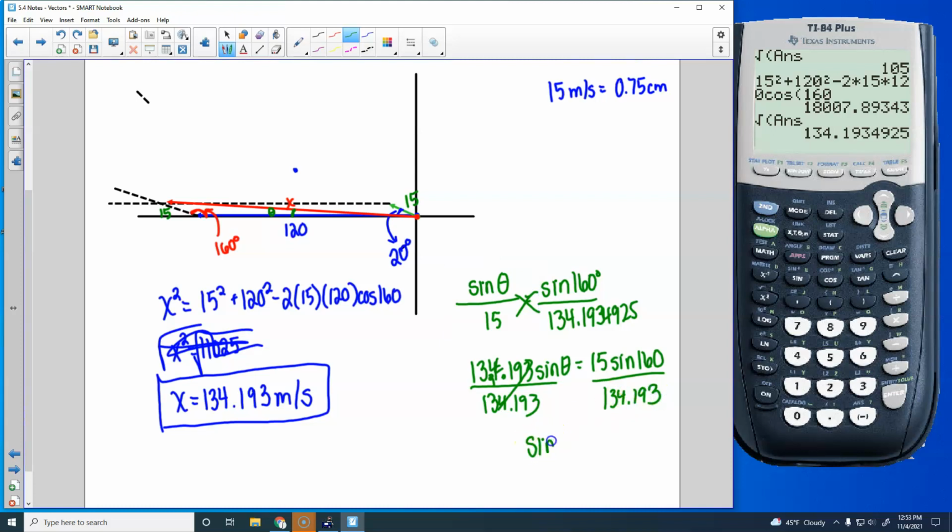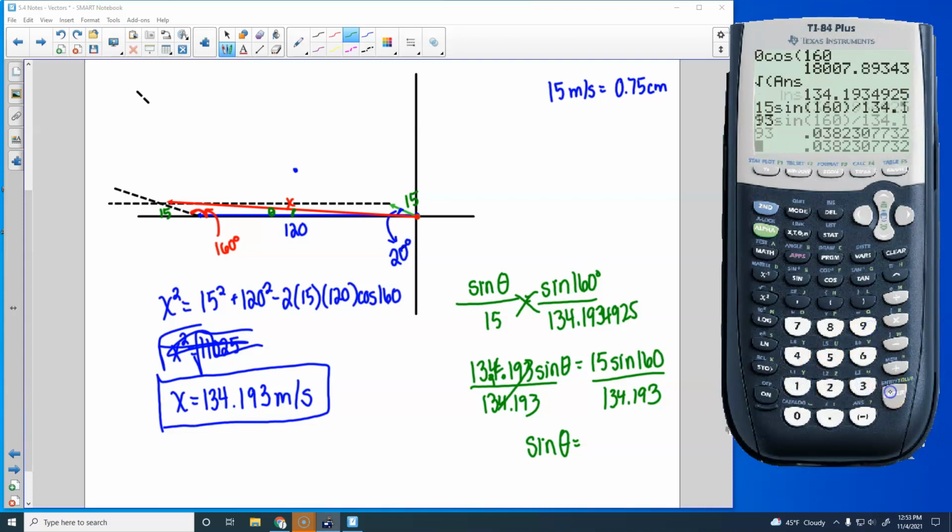So sine of theta equals 15 sine 160 divided by 134.193.